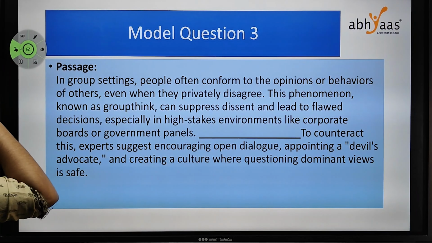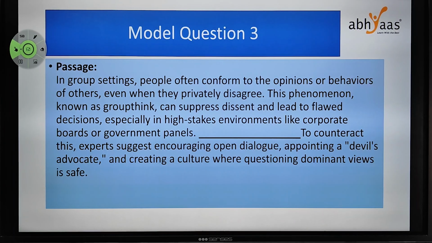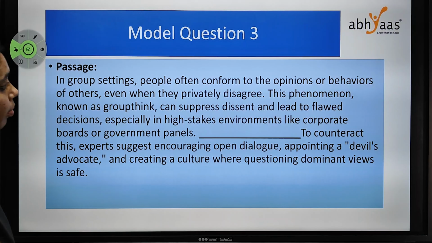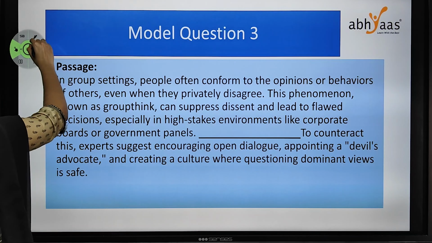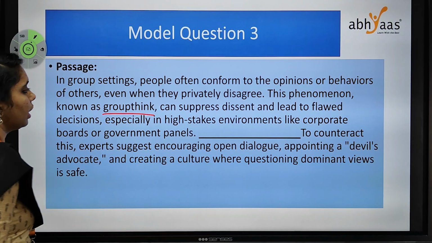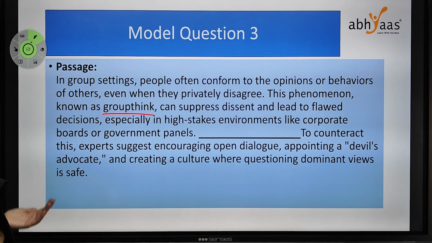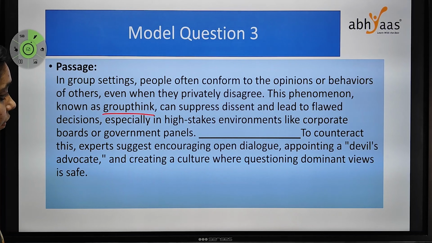In group settings, people often conform to the opinions or behaviors of others, even when they privately disagree. Yeah, even when they privately disagree, in a group they do conform. This phenomenon is known as groupthink. It can suppress dissent and lead to flawed decisions, especially in high stakes environments like corporate boards or government panels.